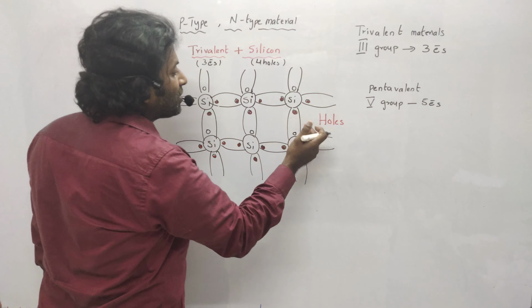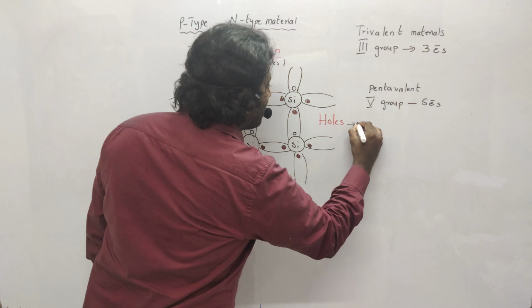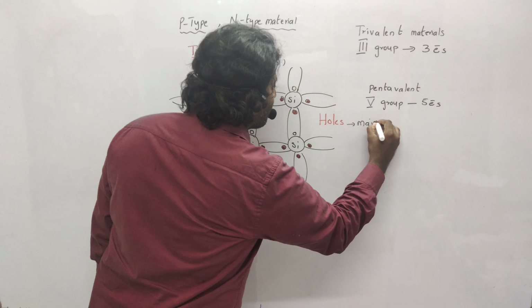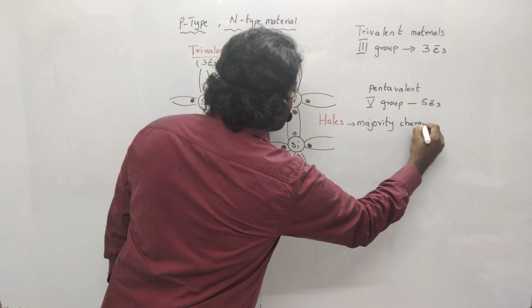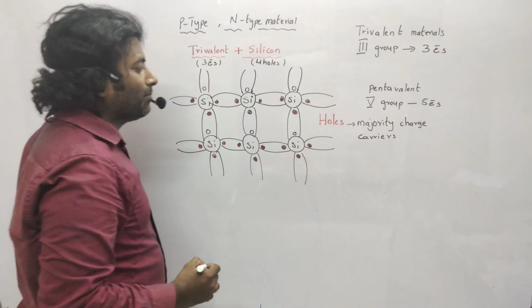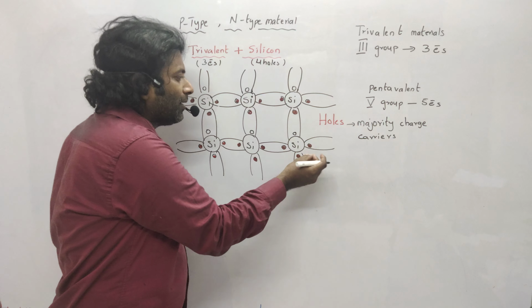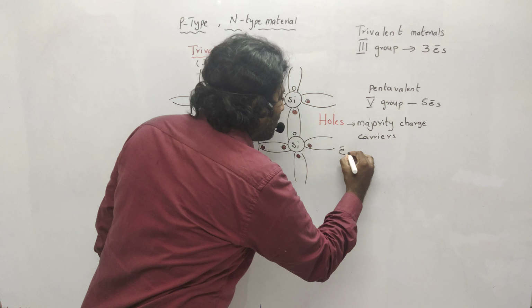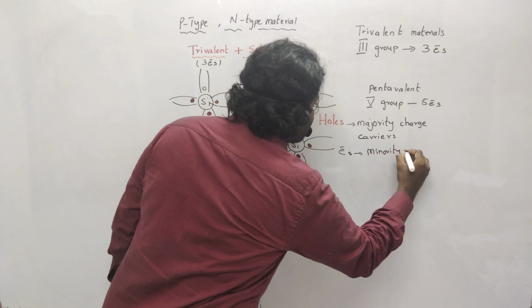So which are majority charge carriers now? Holes are majority charge carriers. Sometimes some electrons may not be bonded. So here electrons will be minority charge carriers.